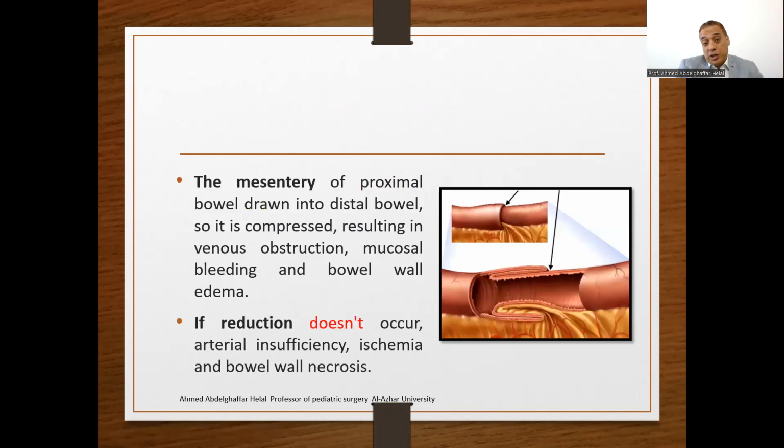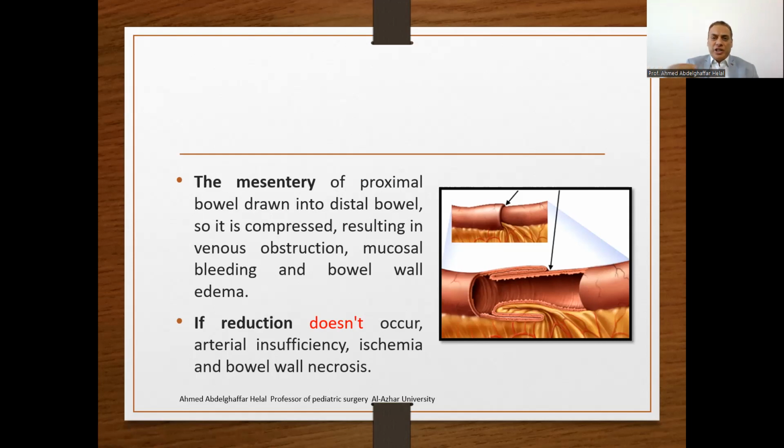The mesentery of the proximal bowel, as we see here, this is the mesentery supplying the proximal bowel, is also drawn into the distal bowel, resulting in venous congestion and mucosal bleeding, and finally maybe bowel wall edema.